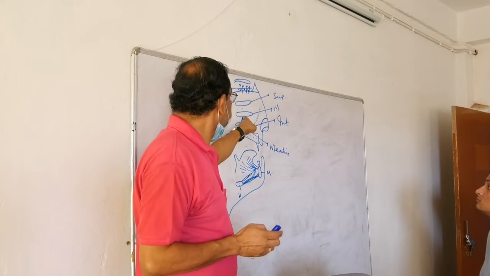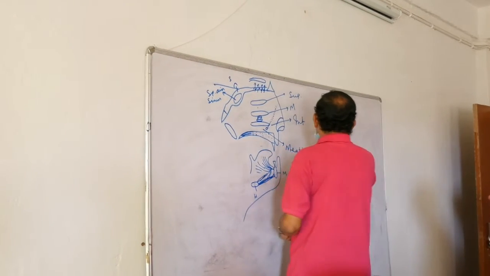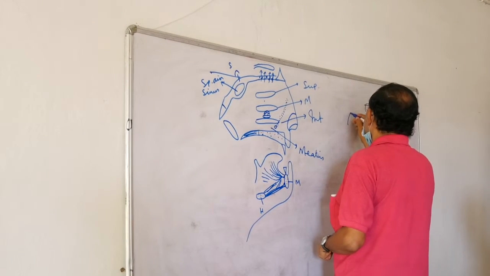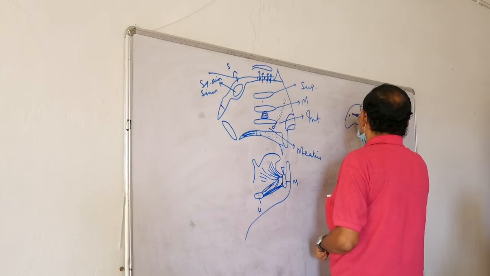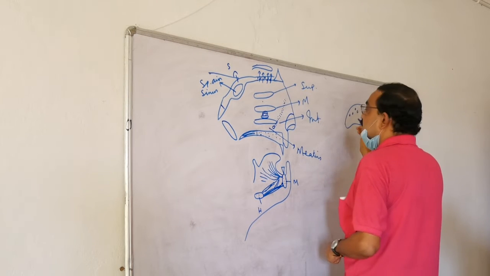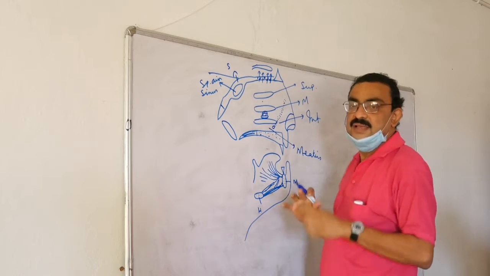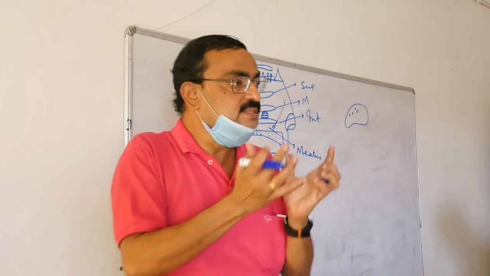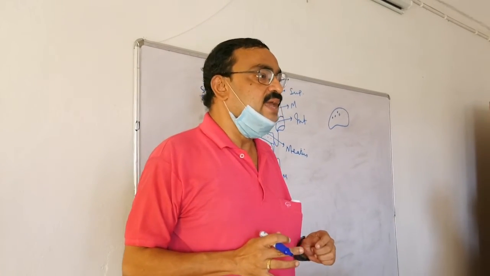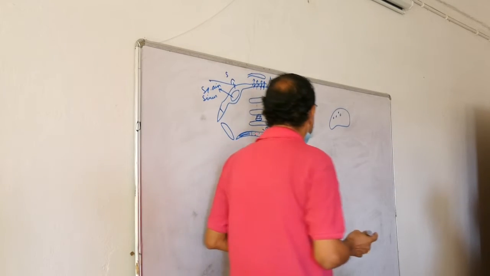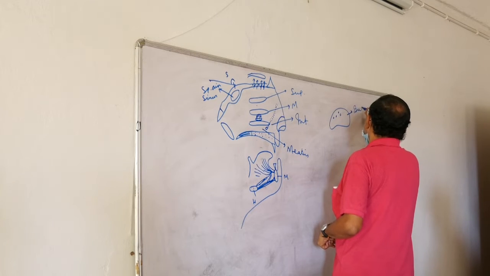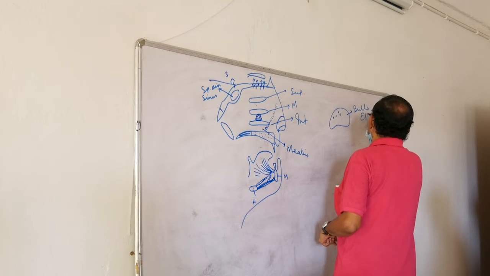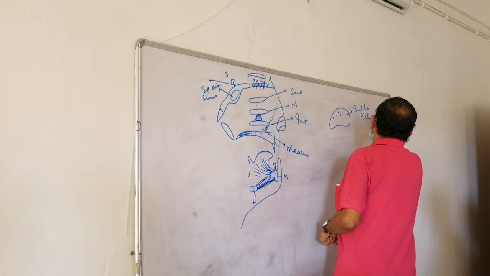Now, in the middle meatus, if we open, first we can see this type of an area where we can find some openings. And this is a bulge. We can find a bulging area, and this bulge area is called the bulla ethmoidalis.